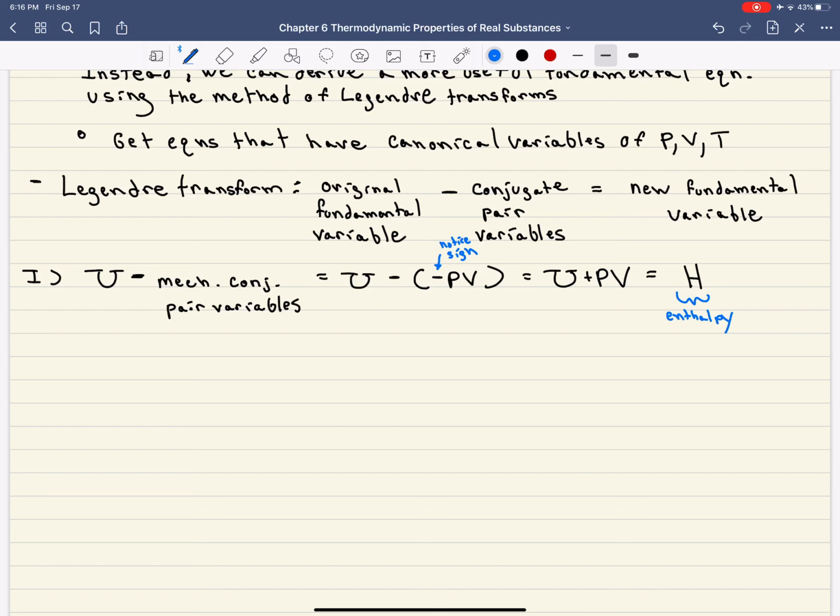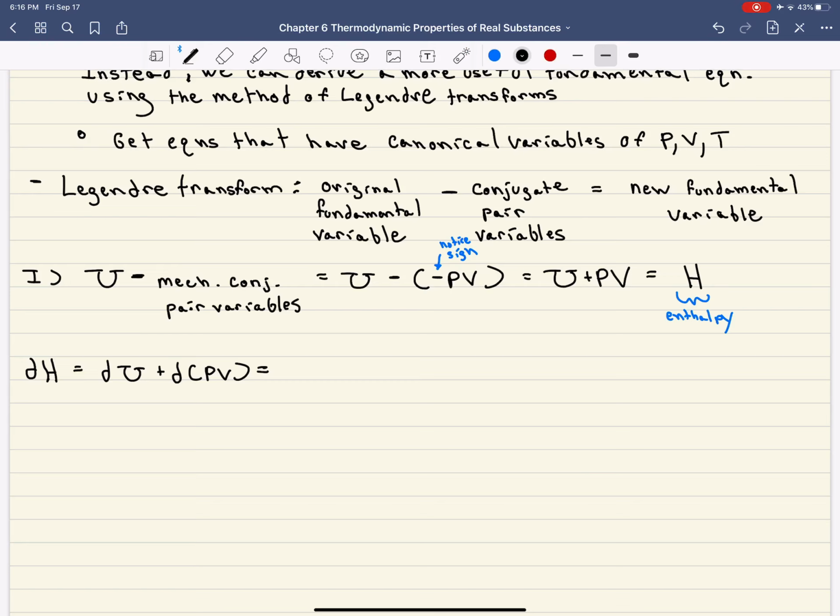Okay? And so we're going to take the total derivative of enthalpy, so dH. And the total derivative of enthalpy is going to be dU plus the derivative of PV. All right? And so for dU, we just plug in the fundamental equation for internal energy.